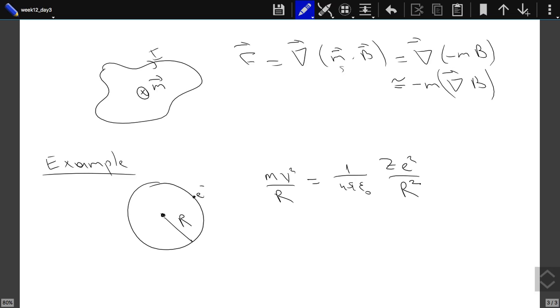Well, there is z times e at the center, e of the electron, or let's say v squared will be just 1 over 4 pi epsilon 0 z e squared over m times r.